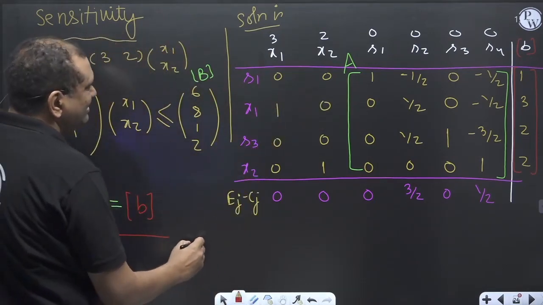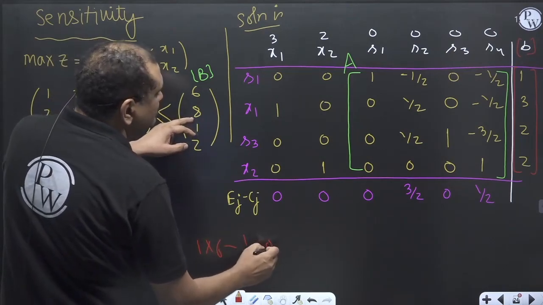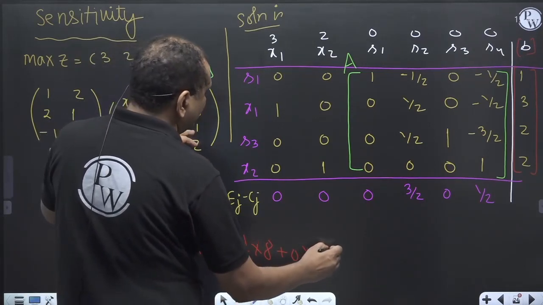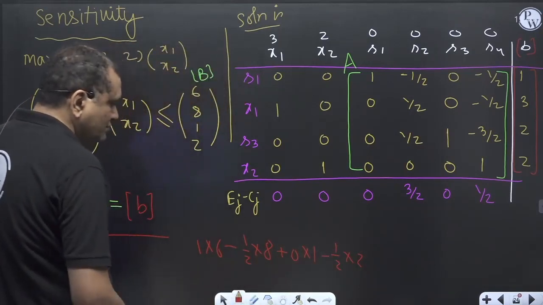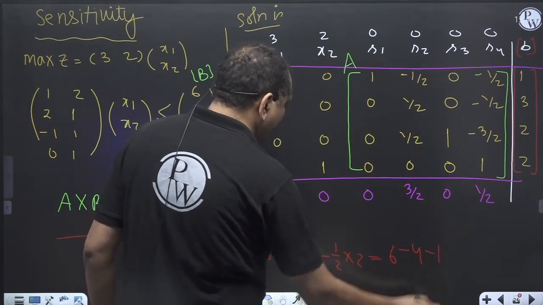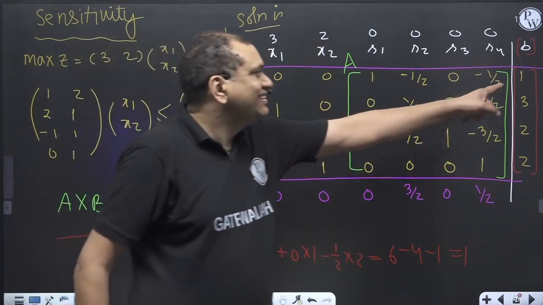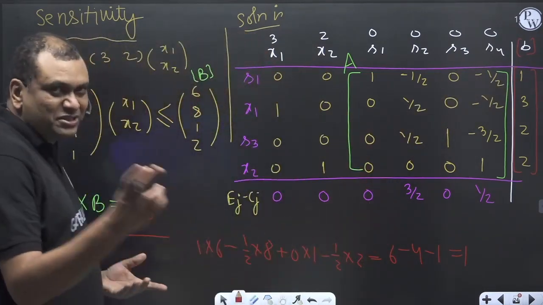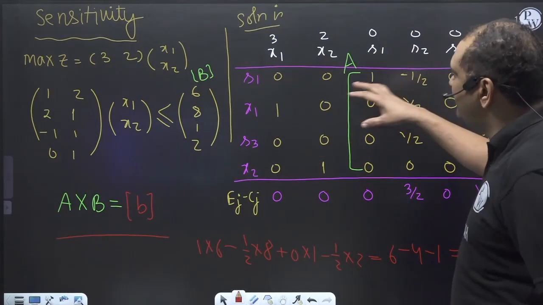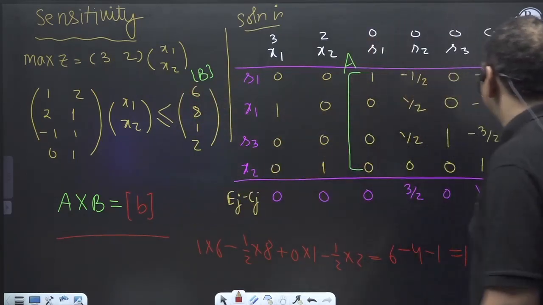This into this, meaning 1 into 6 minus 1 by 2 into 8 plus 0 into 1 minus 1 by 2 into 2. So 6 minus 4 minus 1 is equal to 1. Na? See, 1. If that comes, it means your solution is correct. Matrix A multiplied by whatever is there on the right hand side of the constant, that matrix B, will be equal to this small b matrix.